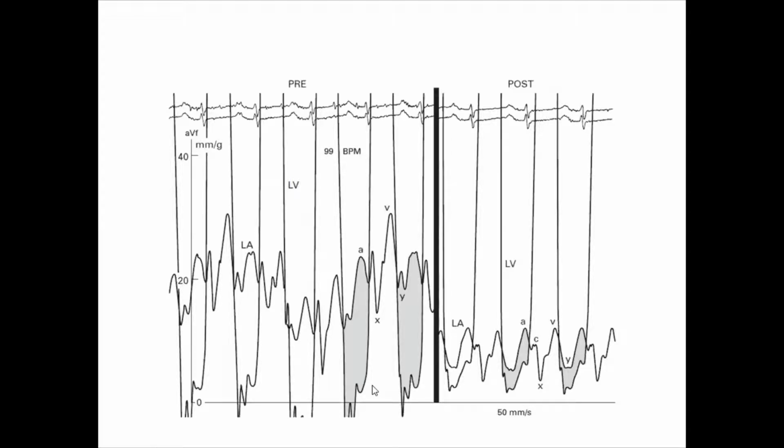So, also, we have a prominent V wave during systole there. I think if you concentrate, the whole left atrial pressure goes up and down with respiration, with both A and V wave.